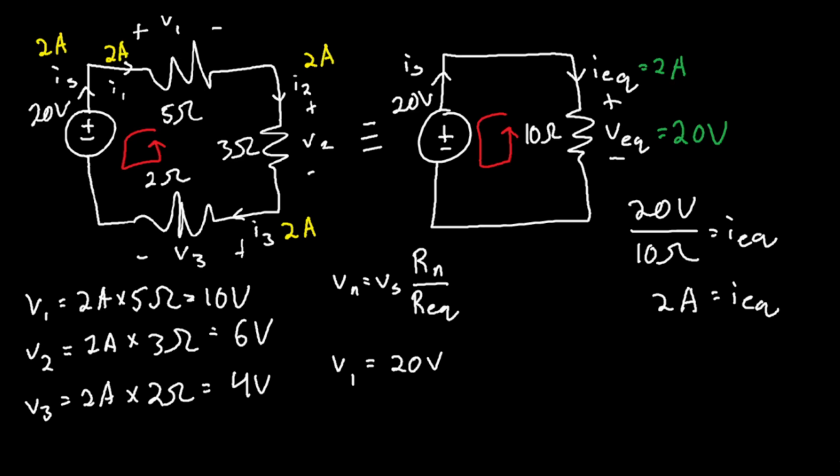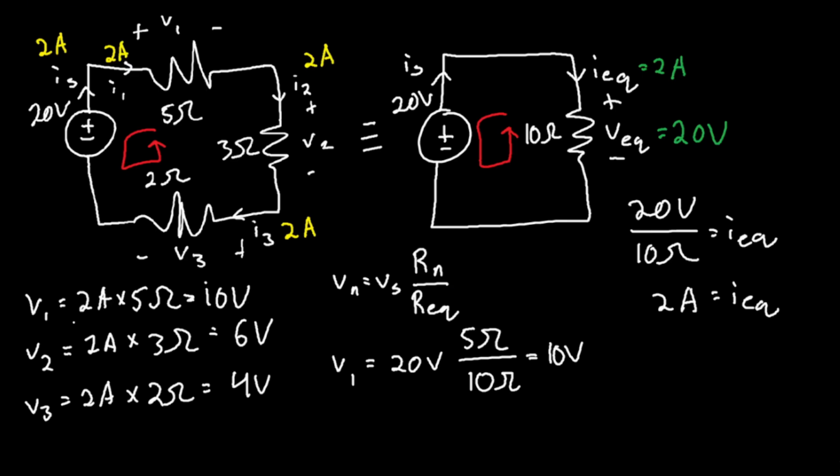The Rn is the resistance at V1. So Rn is R1, which is 5 ohms, over the equivalent resistance, which we calculated to be 10 ohms, right over here. So we have 20 times 1/2, which is just equal to 10 volts.